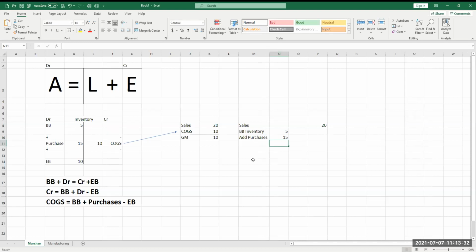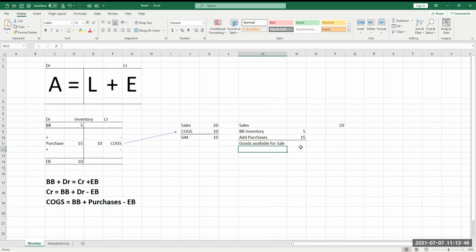And then I'm going to have a calculation which I'm going to call goods available for sale. That will be equal to 20, less ending balance, correct? Once I deduct the ending balance, which is 10, I'm going to have cost of goods sold.